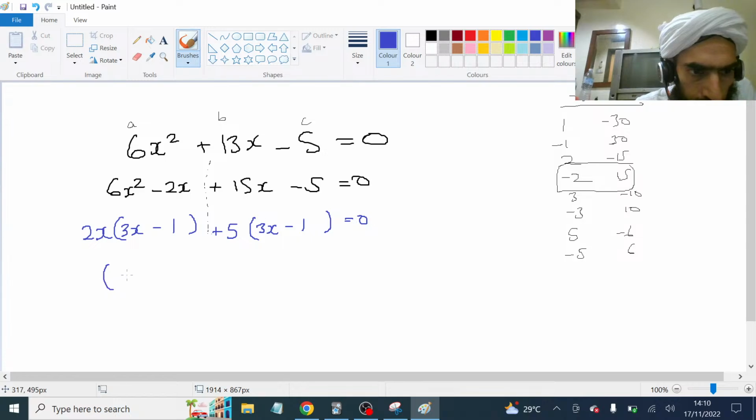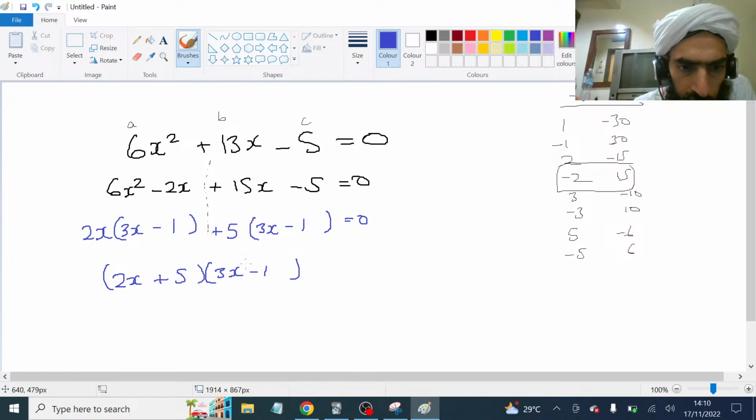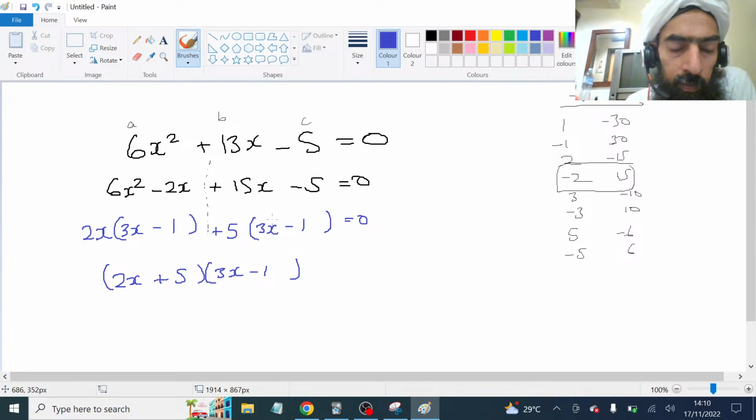So the first bracket is whatever is coming here and here, the 2x plus the 5. And the second bracket is whatever you see being duplicated twice, 3x minus 1. If these two brackets are not being duplicated, if they're not copies of each other, then you've done something wrong in the factorizing. So do make sure those two are the same.